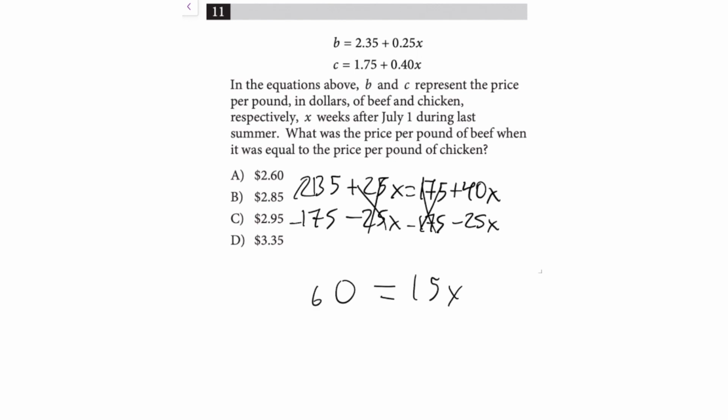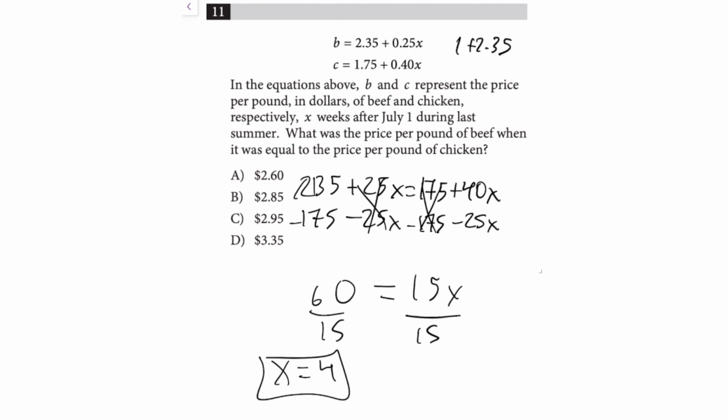So 15x equals 60. So then I get my x is going to be 4 after I divide by 15 on both sides. So now I just have to plug this 4 back into one of these equations up here. It does not matter which one I do. I'm going to pick b because I know that 0.25 times 4 is equal to 1. So this is going to give me 1 and then plus 2.35, and I know that's going to be 3.35, so that's going to be choice D.